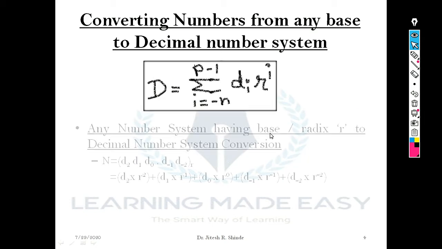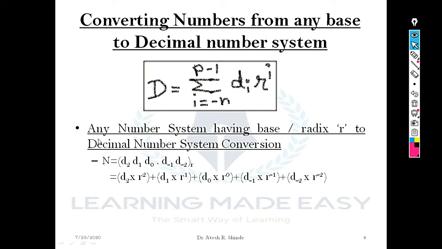now converting any number system having base or radix r to a decimal number system. Expanding this formula, say the capital N consists of d2, d1, d0 dot d to the base minus 1, d to the base minus 2. So here the range of i extends from minus 2 to 2.